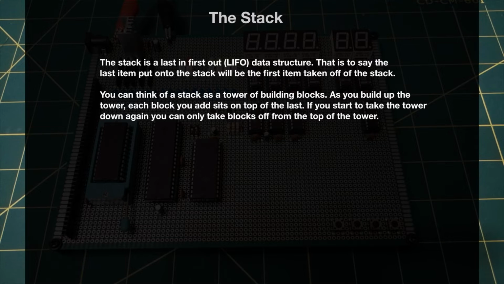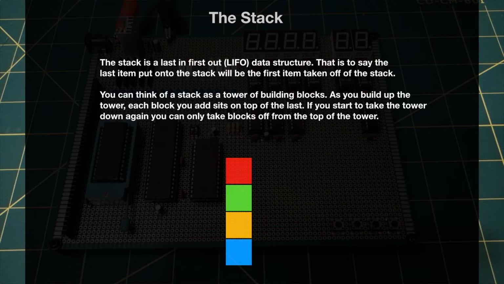If you start to take the tower down again, you can only take blocks off from the top of the tower. So you imagine we've got some building blocks here. As we add the blocks, they all stack up on top of each other. And if we start taking them away again, we take them away from the top. So the last one that went on is the first one that comes out.